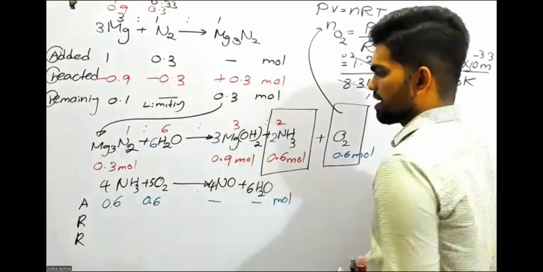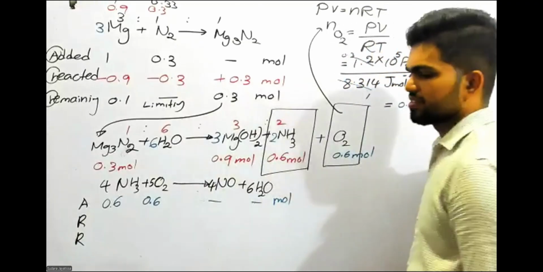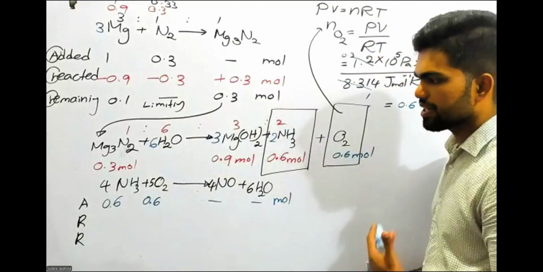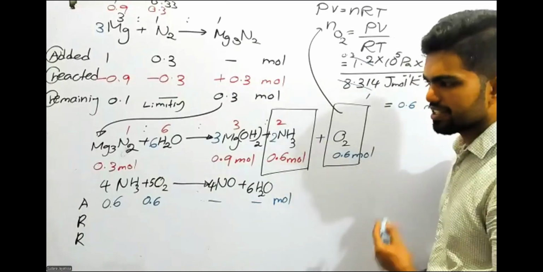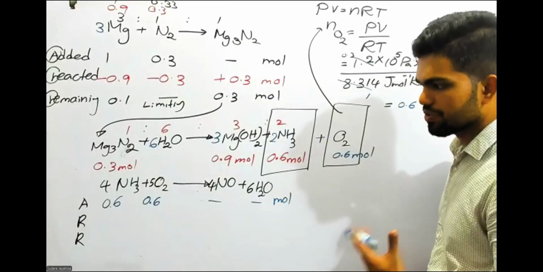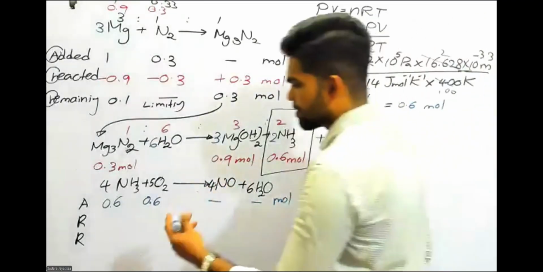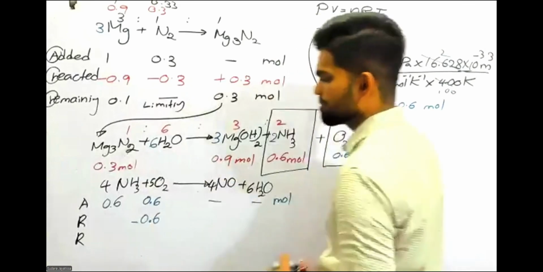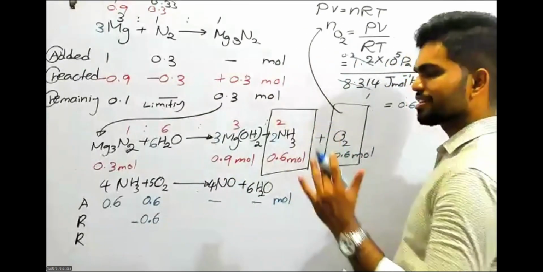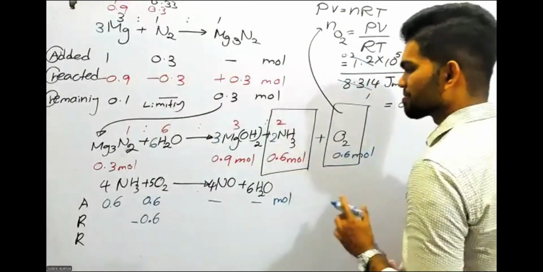And what is the limiting reactant? What do you think? Is it NH3 or is it O2? You can see the stoichiometry of O2 is higher, that means it reacts more. So when you add equal amounts, O2 must react fully, because its stoichiometric coefficient is 5. So the whole 0.6 moles will react.